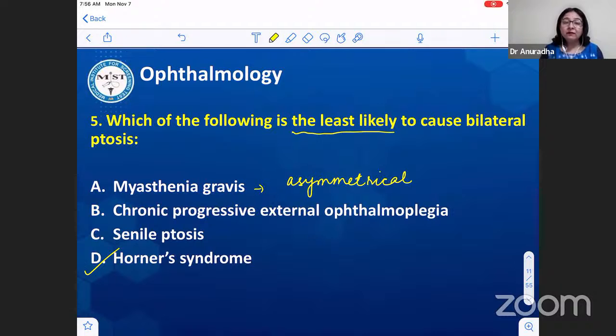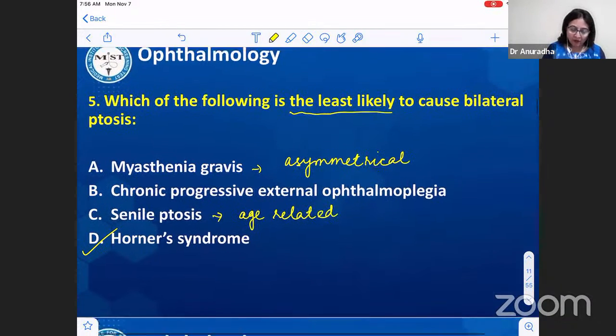So that's a common cause of bilateral ptosis. Then senile ptosis means age-related, and it can commonly be bilateral. But Horner syndrome usually is not a cause of bilateral ptosis, because there the ptosis is on the affected side.